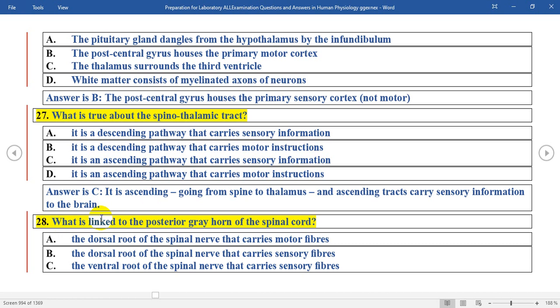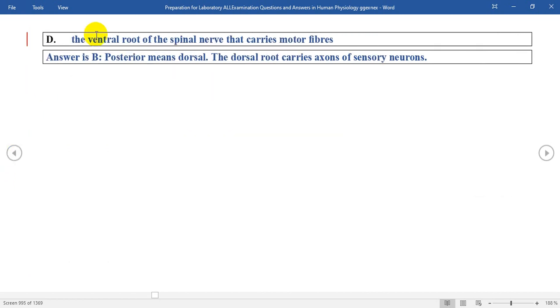What is linked to the posterior gray horn of the spinal cord? The dorsal root of the spinal nerve that carries motor fibers, the dorsal root that carries sensory fibers, the ventral root that carries sensory fibers, the ventral root that carries motor fibers. The answer is B.